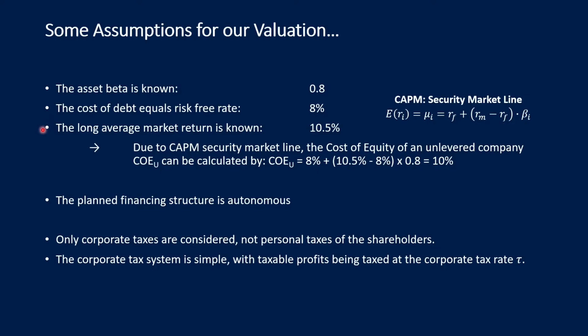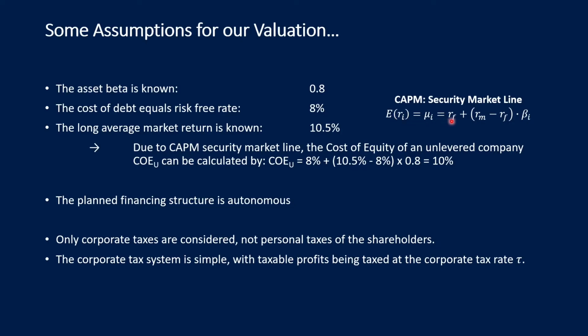The long average market return is also known. It is 10.5%. There are studies available to calculate this. And with these three numbers, we can go into the security market line of the capital asset pricing model, and we will get something like an expected return of that company, or in other words, the cost of equity, and since it is an unlevered beta, the cost of equity of an unlevered company.